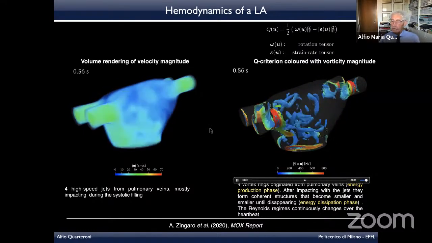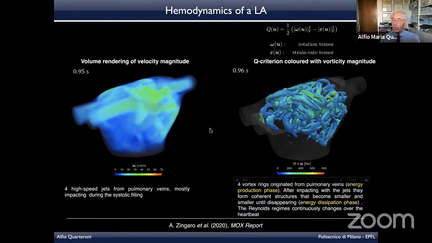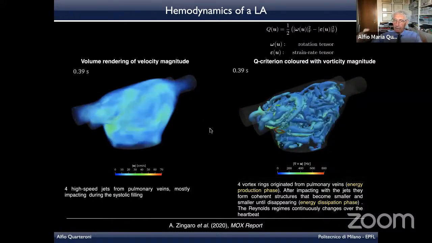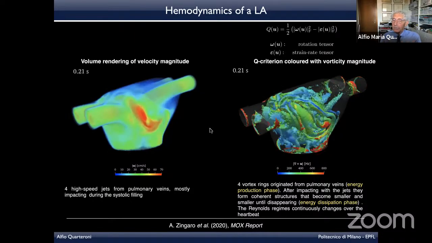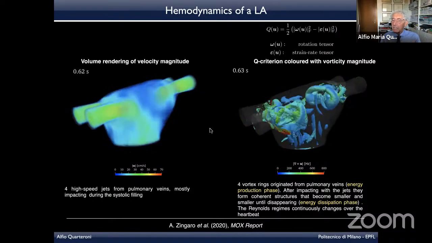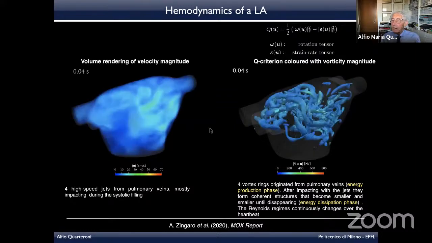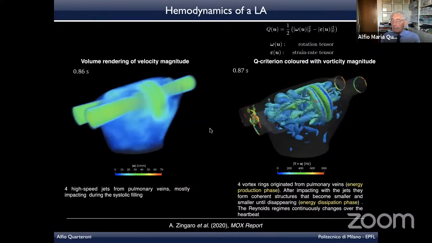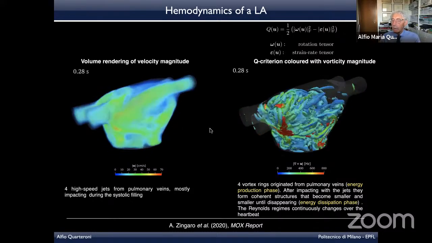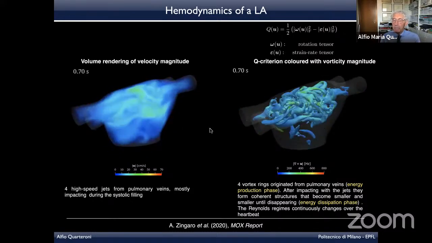So what we can notice here is that we have 4 vortex rings that are generated from pulmonary veins. This is called the energy production phase. And after impacting with the jets, they form coherent structures that become smaller and smaller until they disappear. And this is what is called the energy dissipation phase.